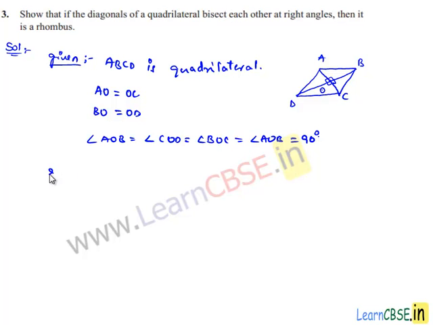Here what we require to prove is ABCD is a rhombus.